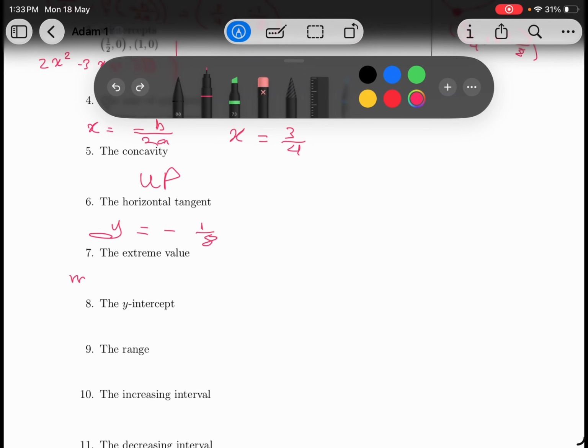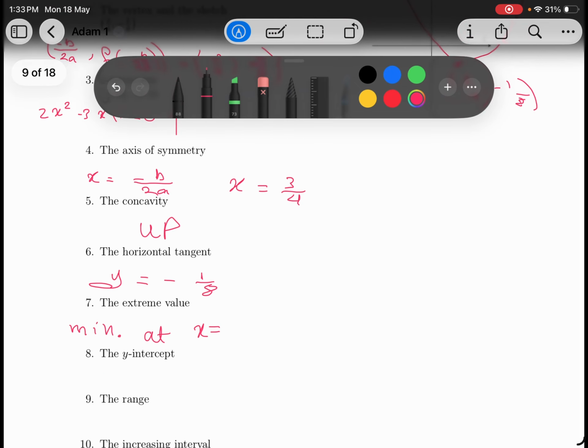So it's a minimum at x equals 3/4, equal to -1 over 8, which is the image of this 3 over 4, okay?